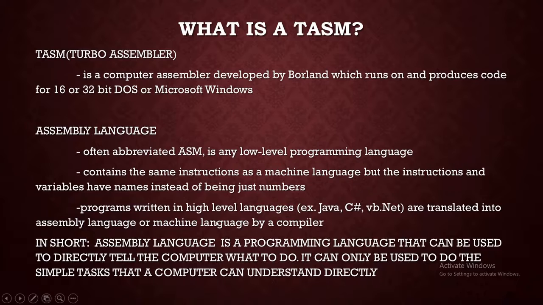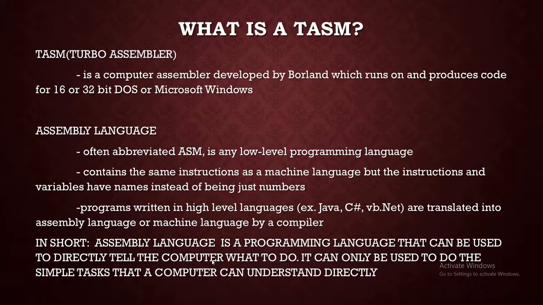Programs written in high-level languages, for example Java, C#, and VB.NET, are translated into assembly language or the machine language by a particular compiler. So in short, an assembly language is a programming language that can be used to directly tell the computer what to do.